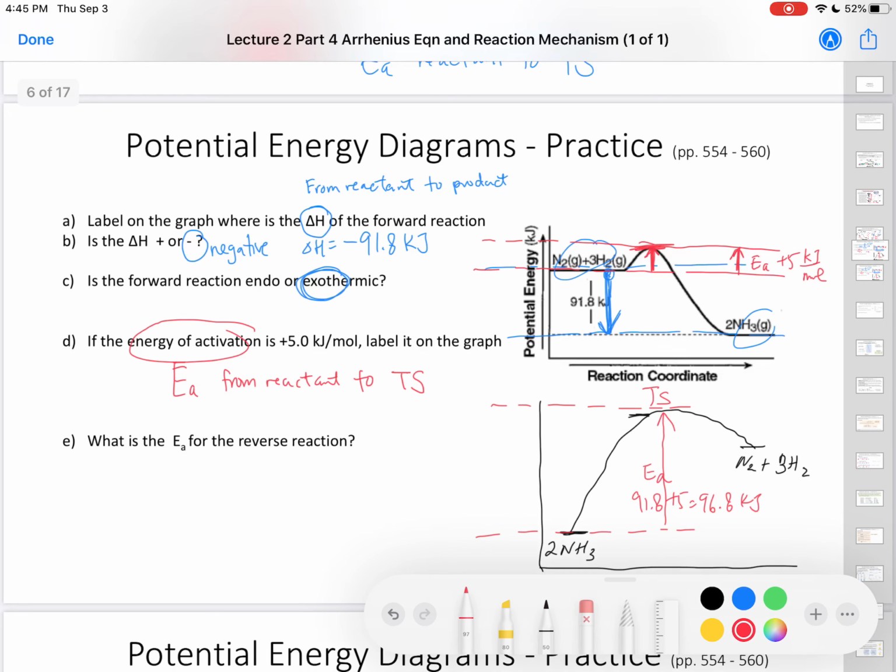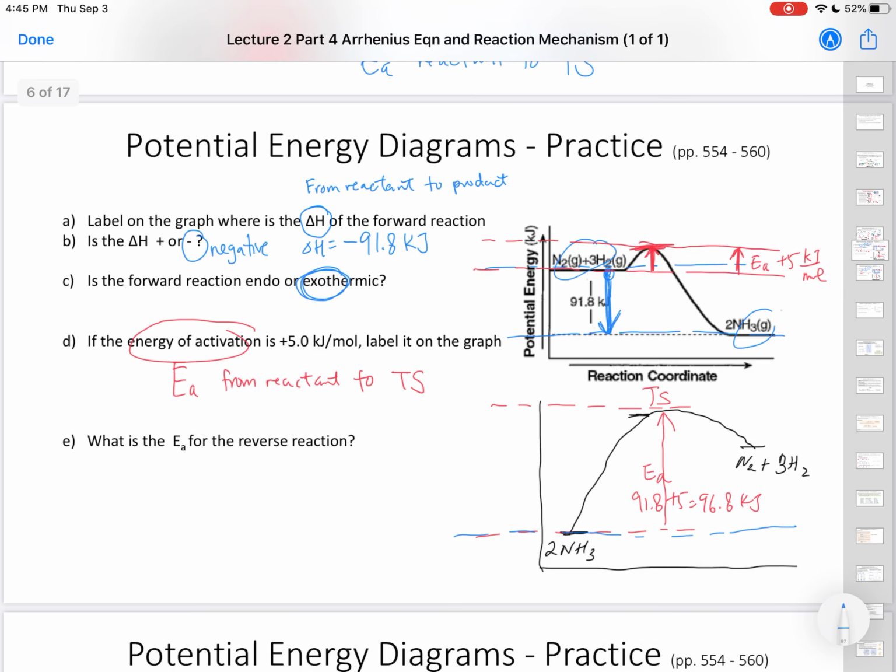If they had asked you what is the delta H, again, you would start with the reactants and go all the way up to the products. The products is here, right? So it's going to be from here to here. In this case, the delta H would be positive 91.8. Okay? This is the forward reaction. This is the reverse reaction.